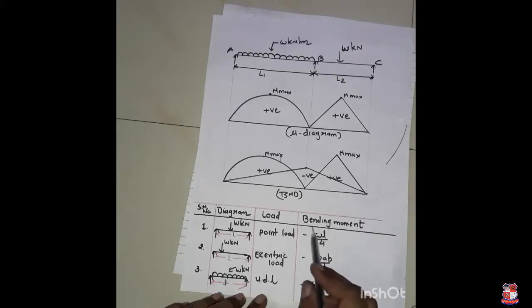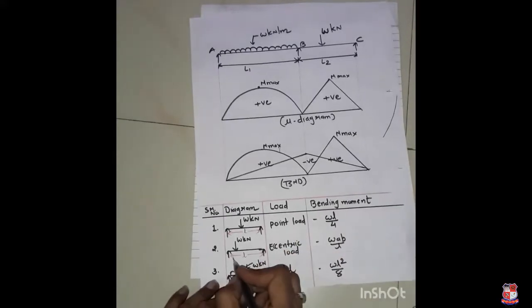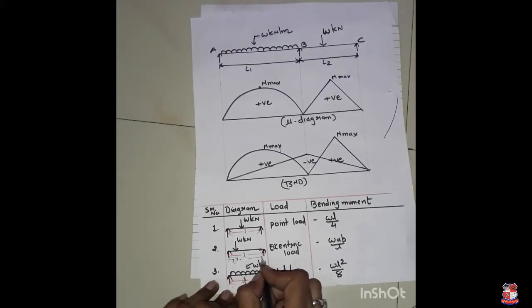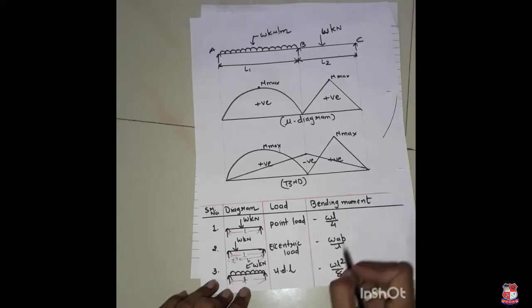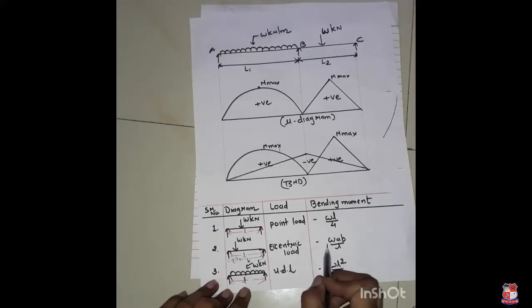Eccentric load gives the bending moment W into A into B. Here A is this length and B is the remaining length of the beam, where A is greater than B. So the bending moment of the eccentric load is WAB divided by L. For the UDL, the bending moment is calculated by WL square divided by 8.